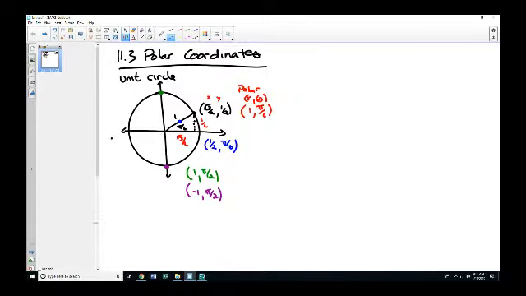Okay. So these all have equivalent angle measures. Like I could write this one as -1, 3 pi over 2. Because you go 3 pi over 2, -1. I could also write it 1, negative pi over 2. So I have negative pi over 2, -1. Right. What's the other way I could write that?